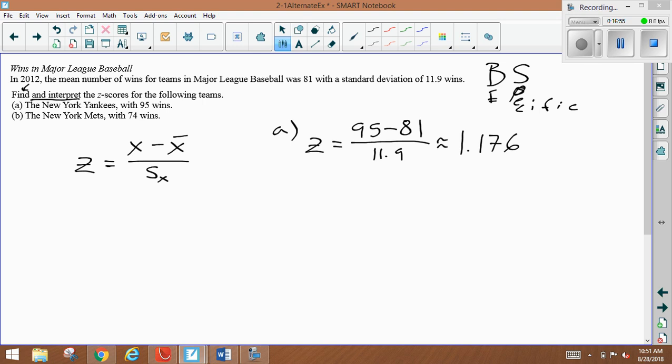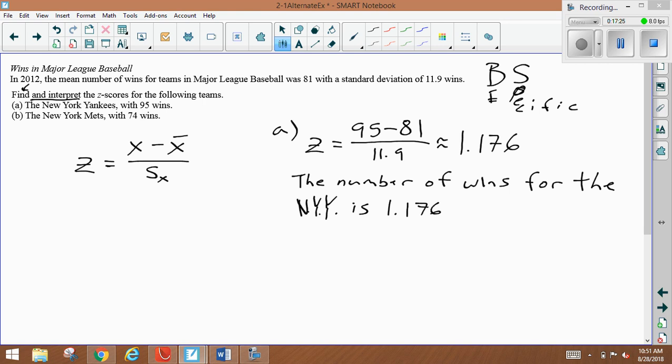So in context, we would say the number of wins for the, I'm just going to say New York Yankees, is 1.176 standard deviations above the mean. It's positive, above.